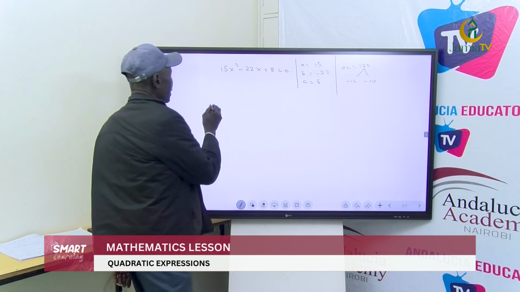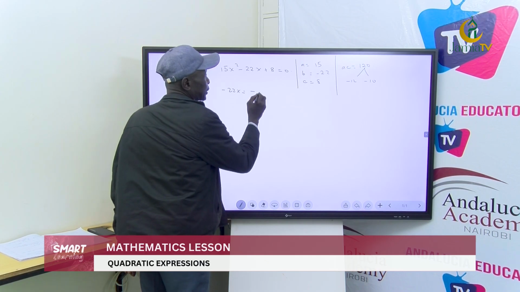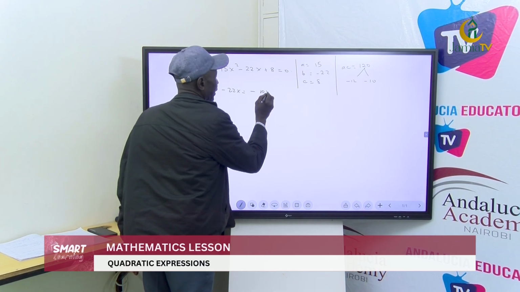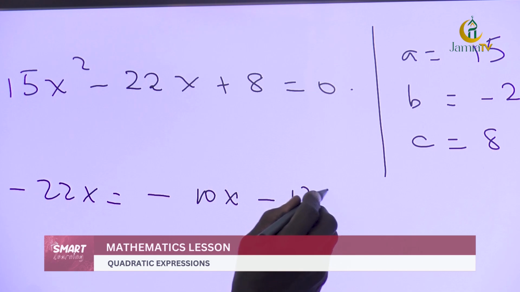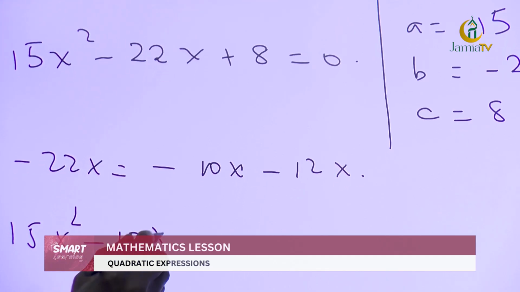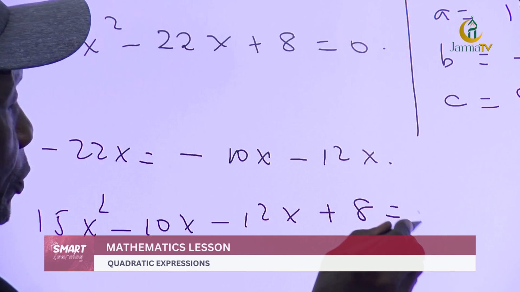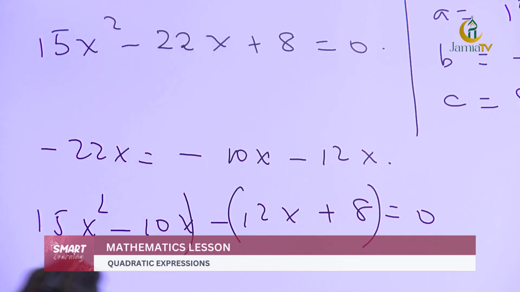So let's have our negative 22x equal to negative 10x minus 12x. So we shall have 15x squared minus 10x minus 12x plus 8 equals 0. We group this together.